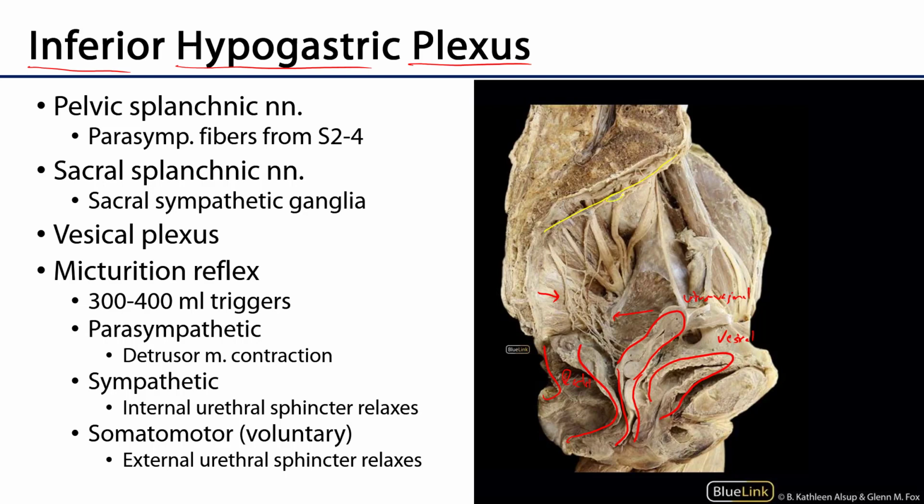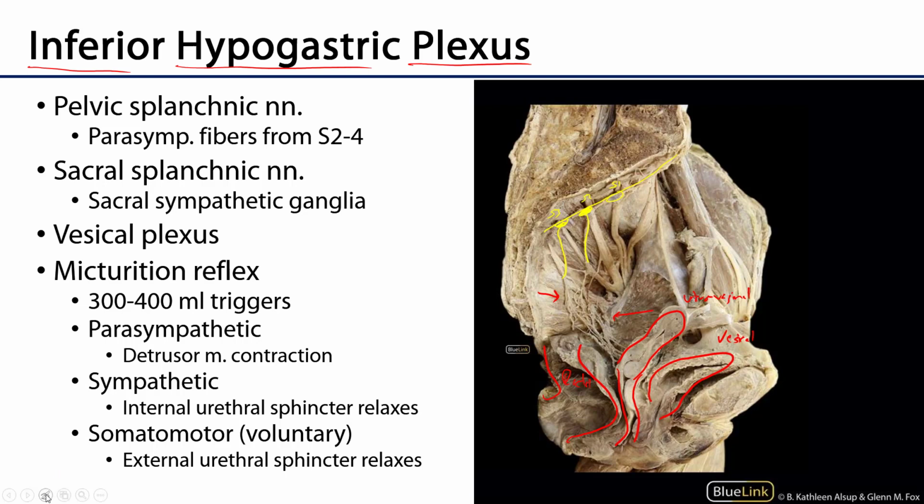Here we can see the ganglia of that trunk, and this is S1, S2, S3. From that S2 and S3 ganglion, we can see fibers leaving. Those are sacral splanchnic nerves. And that is going to be one component to the inferior hypogastric plexus.